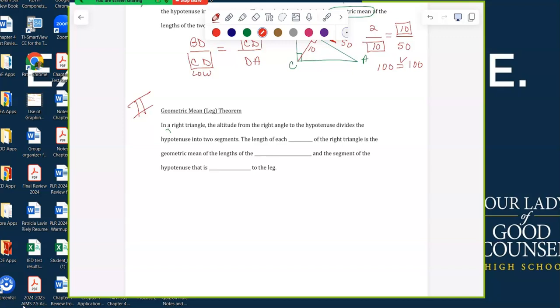Then we go on to say the length of each leg of the original right triangle is the geometric mean of the lengths of the hypotenuse and the segment of the hypotenuse that's closest to the leg.